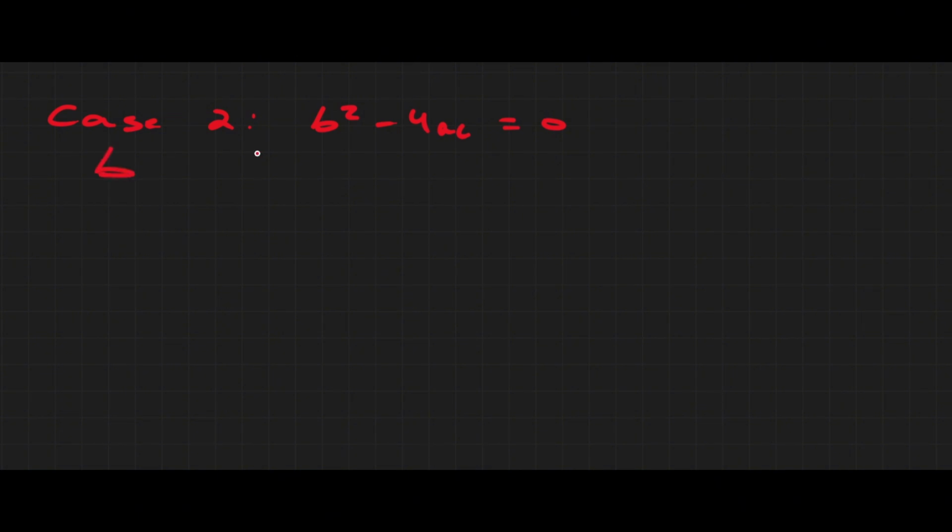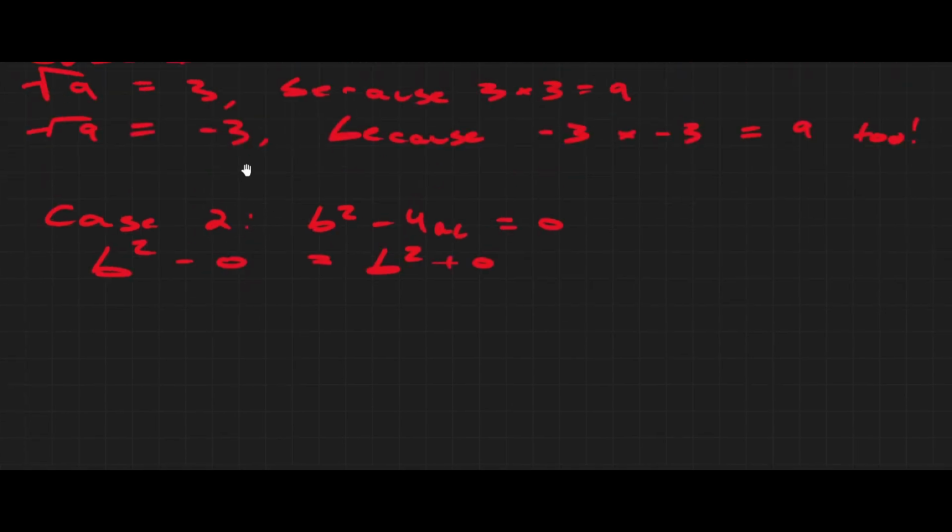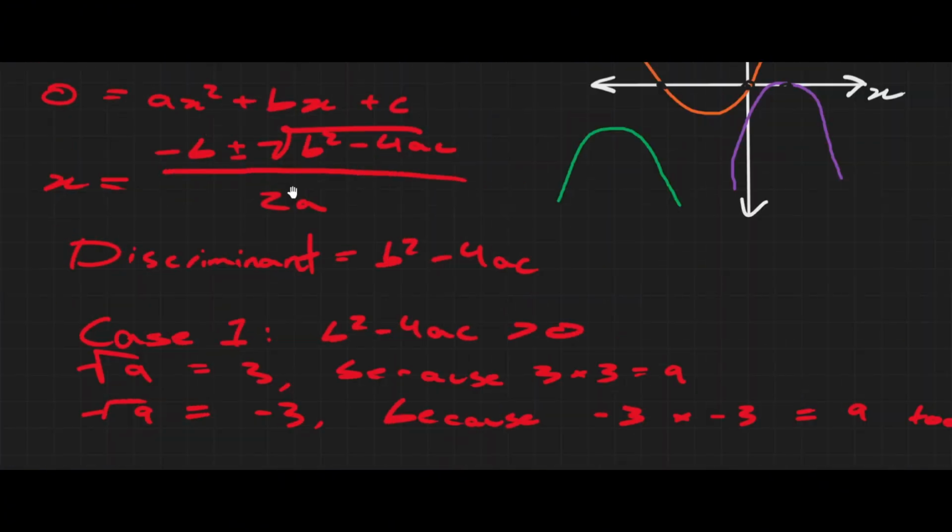Because, I'll show you that, b squared minus 0 is the same as b squared plus 0. They're the same thing, right? So when we have a square root of 0, when we have a discriminant of 0, we still only get one solution. So this case 2 actually corresponds to this purple parabola here, when we only get one real solution.